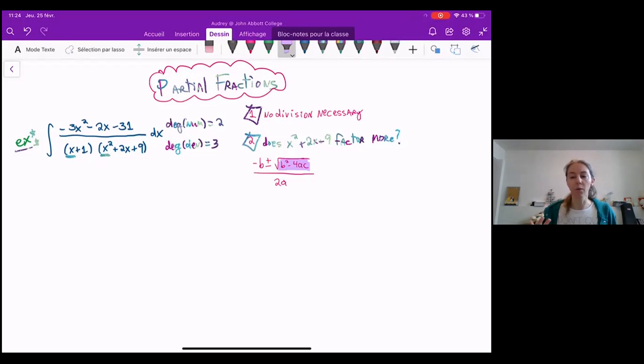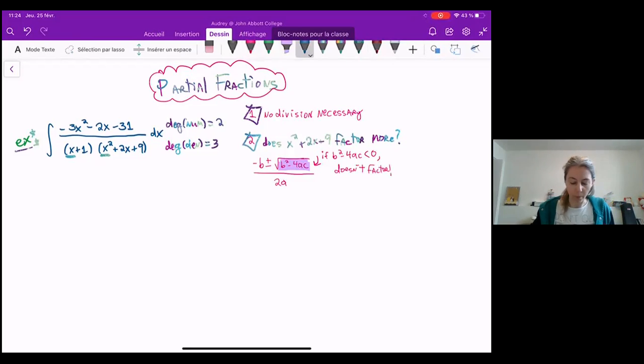So if that value is negative, then that's going to give us a negative number under a square root, which doesn't work. If we end up with a negative number under that square root, what that means is that this doesn't factor anymore. So if b squared minus 4ac is less than 0, it doesn't factor.